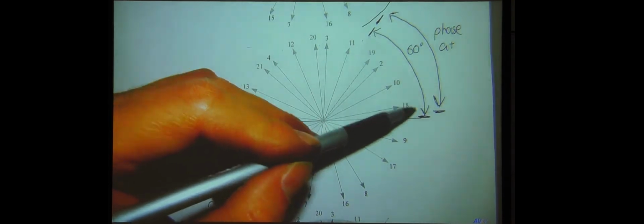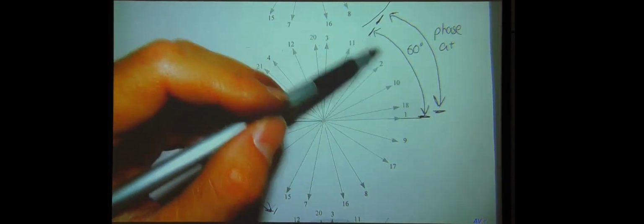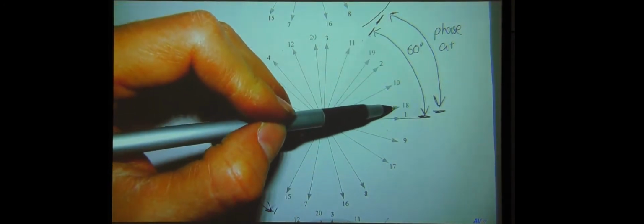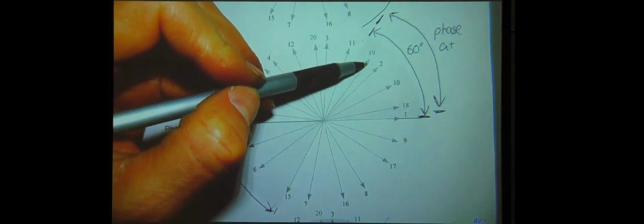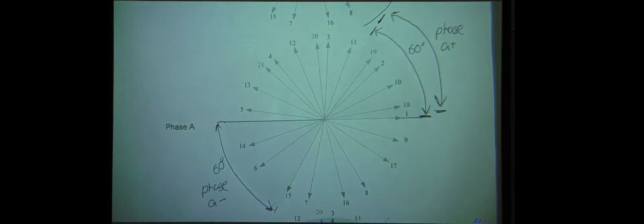But from the 0 angle to the 60, we can see we have 1, 18, 10, 2, and 9. Those are all within the phase A region, so we could define these slots as belonging to phase A. But we need 7 because we have 21 slots.